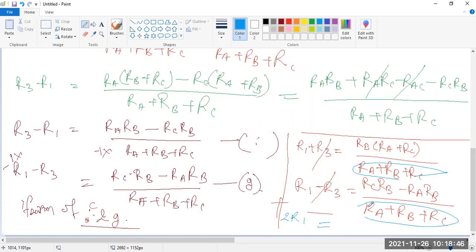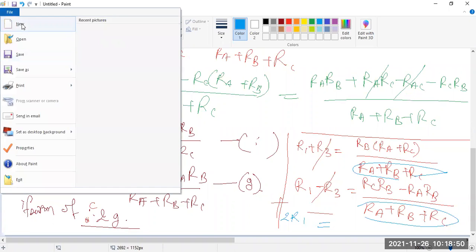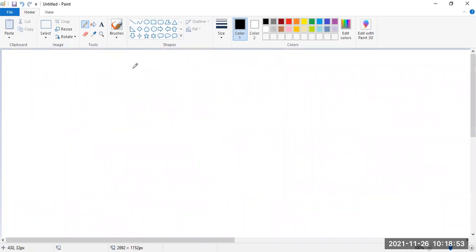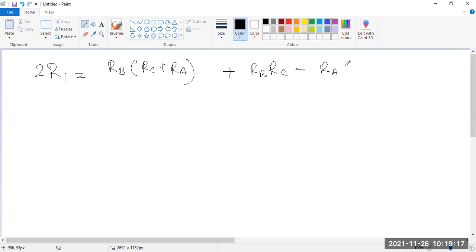If we break this, then we get, okay, new slide. We go for the new slide for your better convenience. So you can write 2 into R1 equal to, we will get first of all RB into RC plus RA, and minus of RB RC minus RA RB.